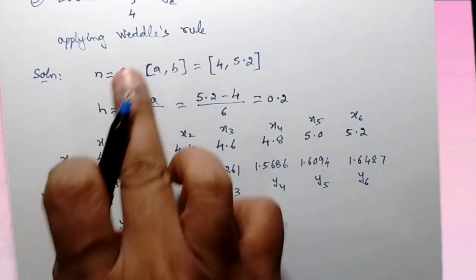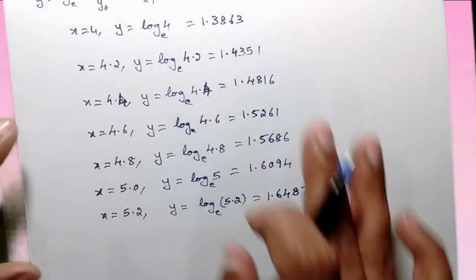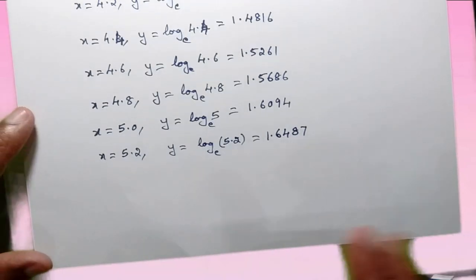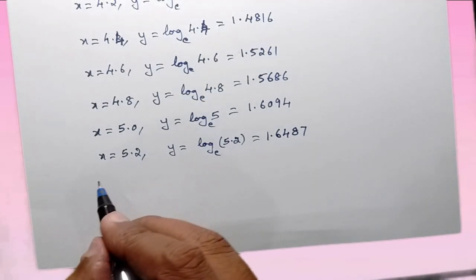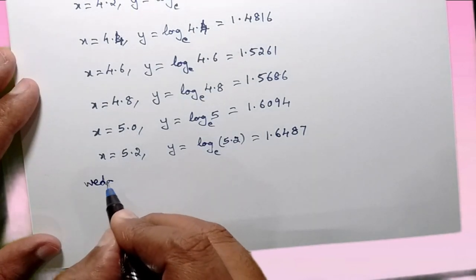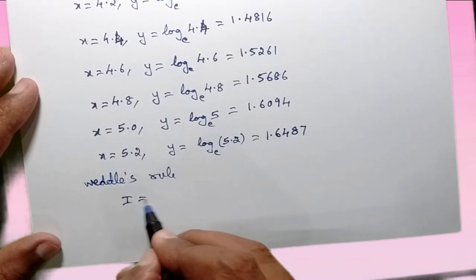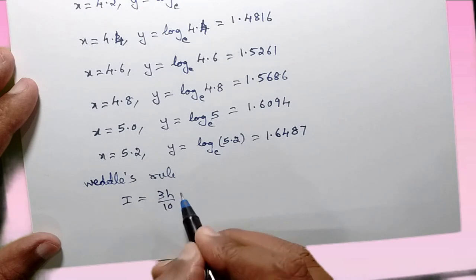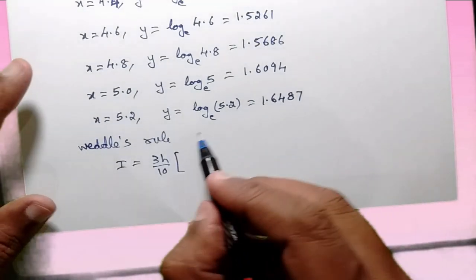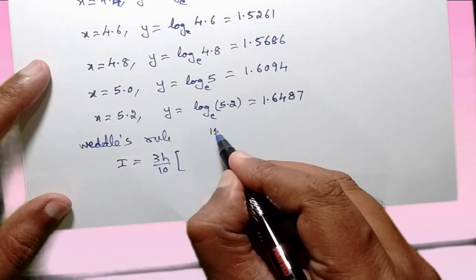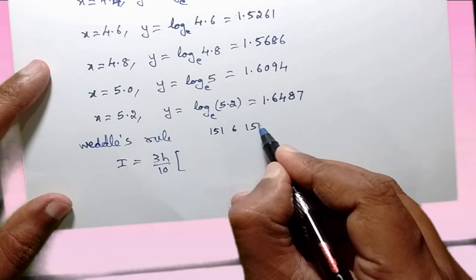Now we have to use Weddle's rule over here. I will be equal to 3h by 10 times, if you can remember the code I have given you, 1516151.